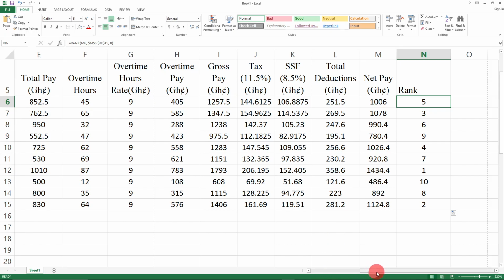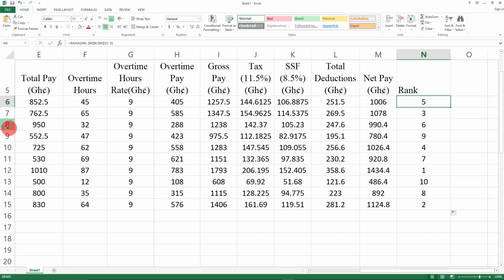It depends on how your cells start. If your cells start with 7, just write M7. If the net pay is on N, make sure you change the M to N. If the net pay is under O, make sure the M is changed to O. So wherever you see the M, you change it to O. Again, the numbers: if the first person starts with 7, wherever you see the 6, you should change it to 7.